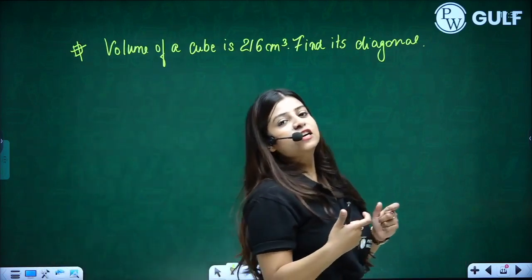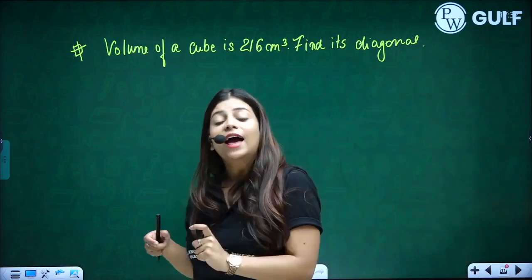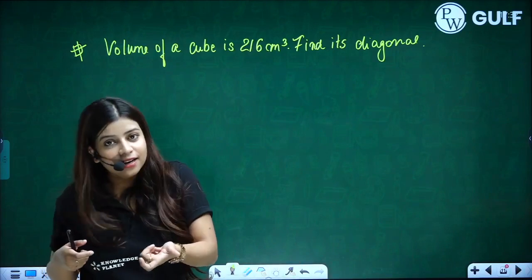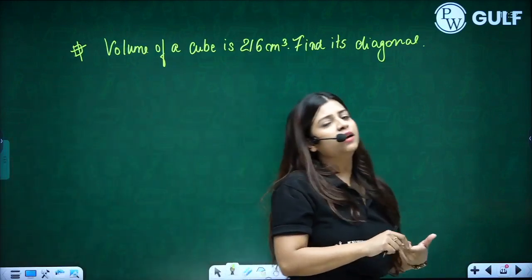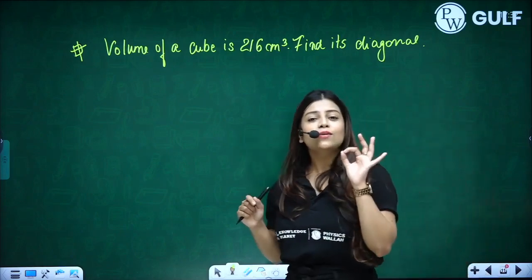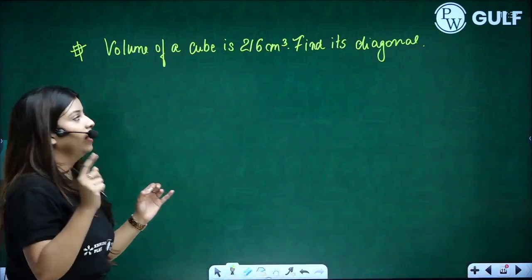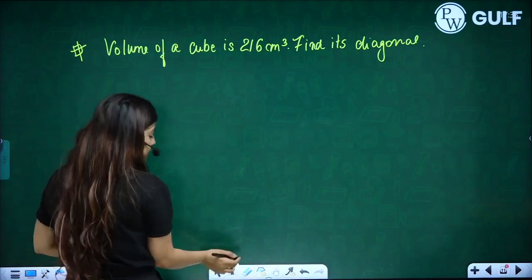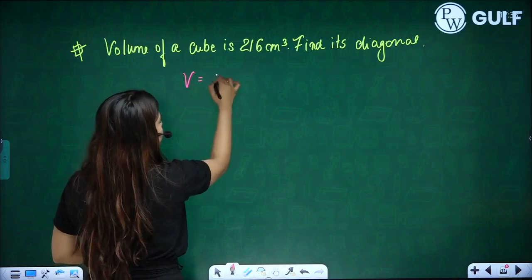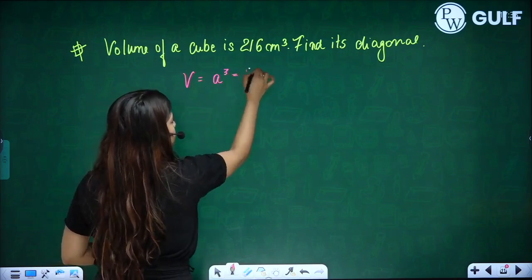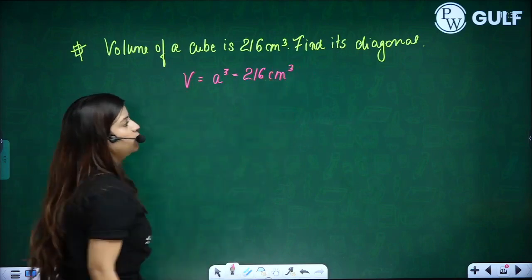Now, the very first thing that you have to see is what? From this volume, can you calculate the side? So you have to think that from this volume that is given to you, can you calculate the side of the object? Of course you can. So the very first thing is, we know that the volume of cube is a cube, which is equal to 216 centimeter cube.